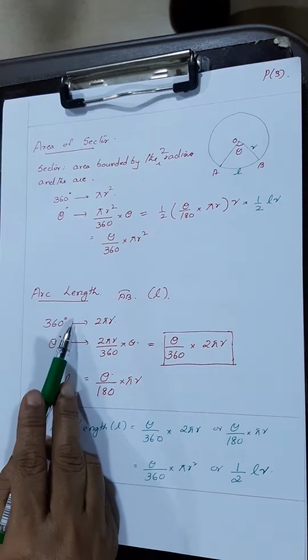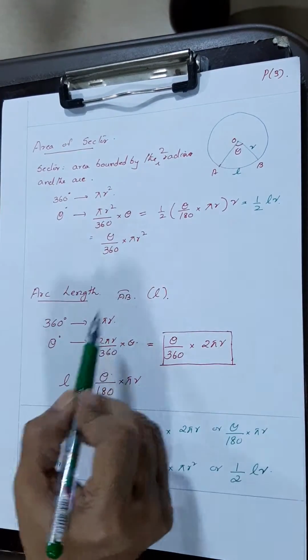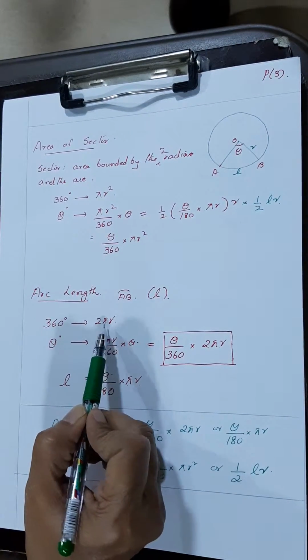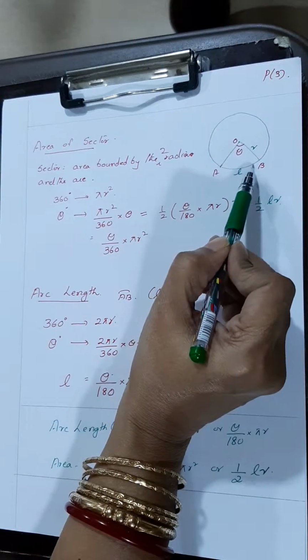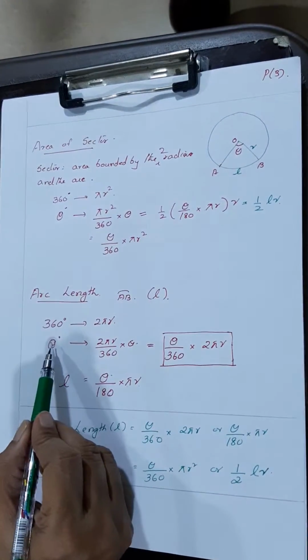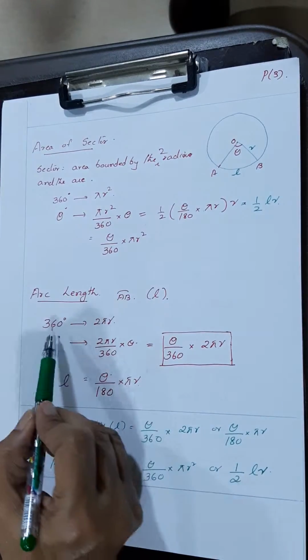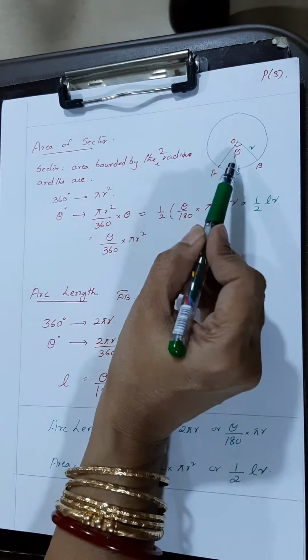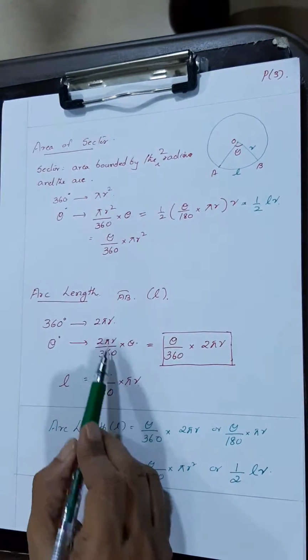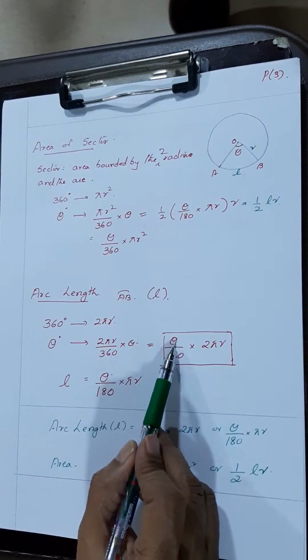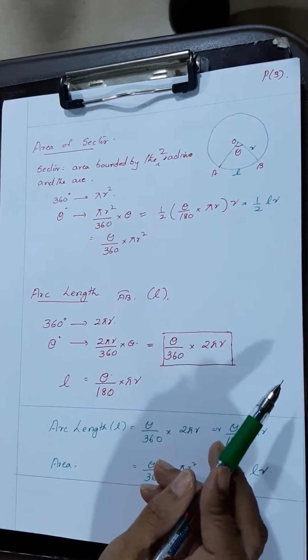For 360 degrees, the full circle, the circumference is 2 pi r. So we have to find the arc length AB, a part of the circle, where the angle is theta degrees. For the full circle of 360 degrees it is 2 pi r. For theta degrees, it is 2 pi r by 360 into theta, or you can write this as theta by 360 into 2 pi r.